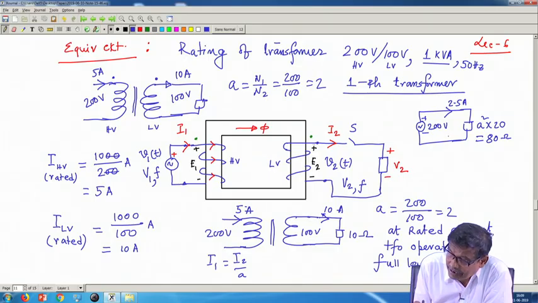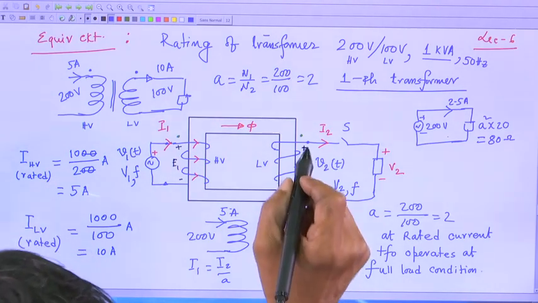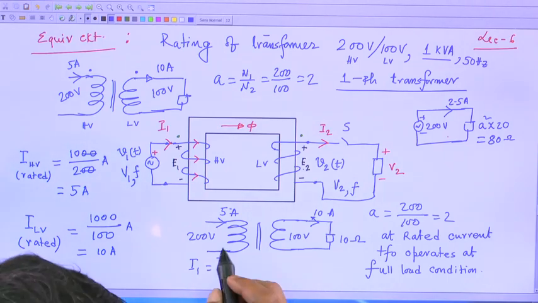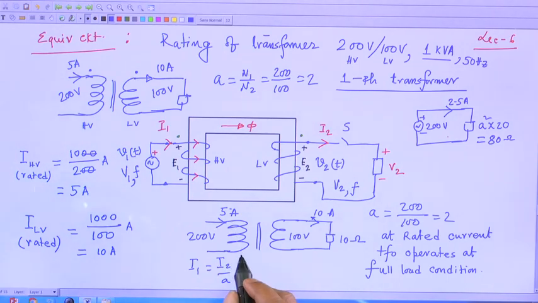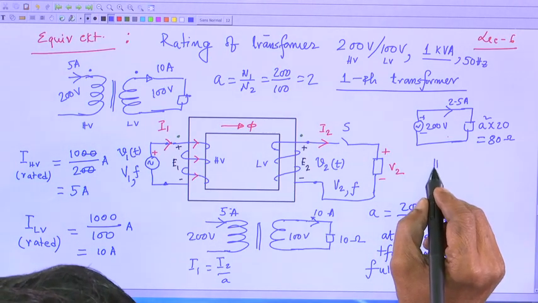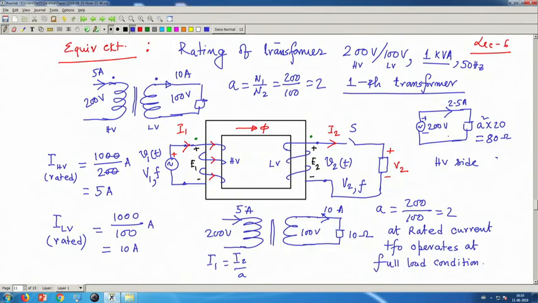While making this coil, you have to use a piece of wire and wind it like this. The cross section or gauge of the wire is decided by the magnitude of the current. Therefore, on the HV side, conductor cross section will be thicker.